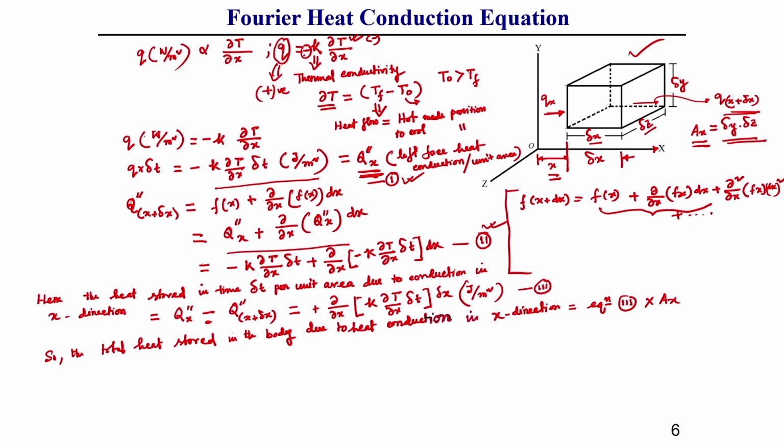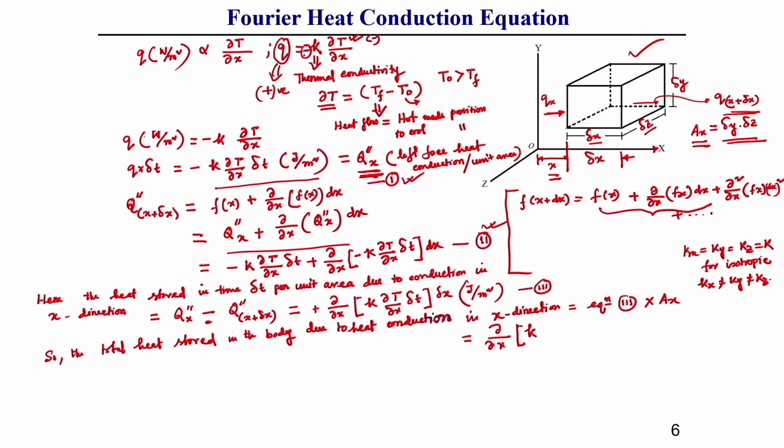That is del y del x, and k, if it is constant in each direction, we can consider k x equal to k y equal to k z equal to k. This is for isotropic materials. If it is anisotropic, then k x is not equal to k y, not equal to k z. Keep this in mind.